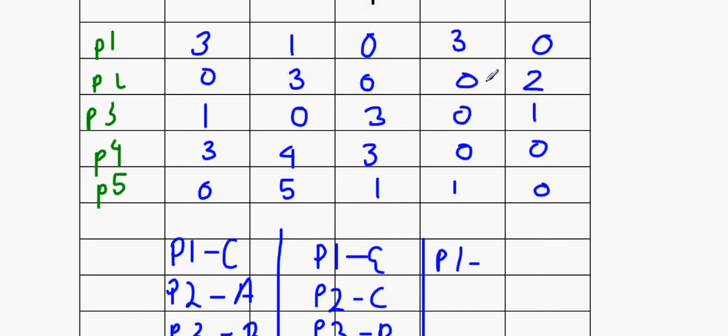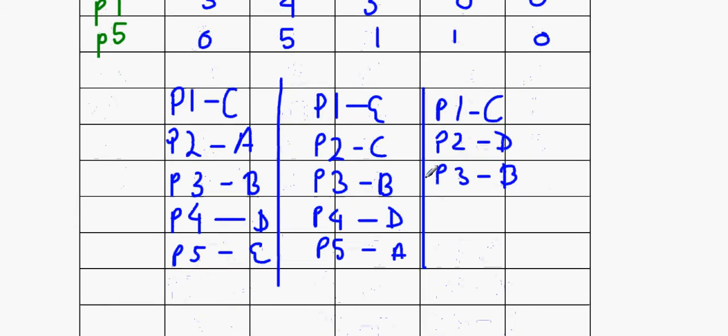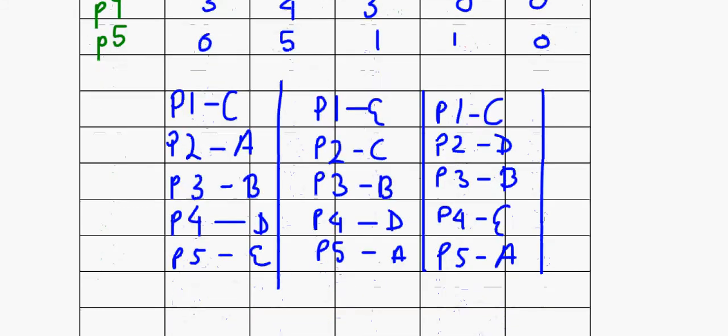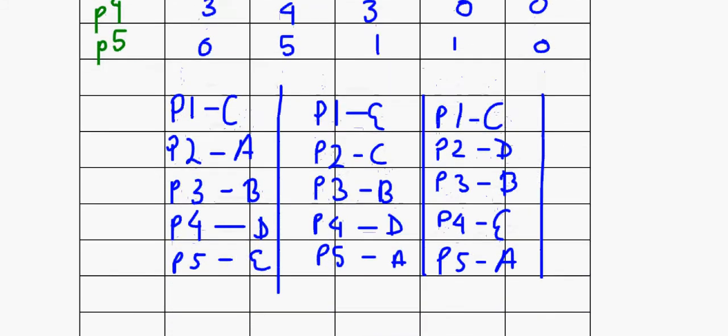So I don't know, C. Puzzle 2 will be allocated to D. Puzzle 3 can be allocated to B. Puzzle 4 can be allocated to E. And puzzle 5 can be allocated to, what else am I missing? A. Those are our 3 different ways of matching, and these will all give us the minimum time, which we are going to calculate now.